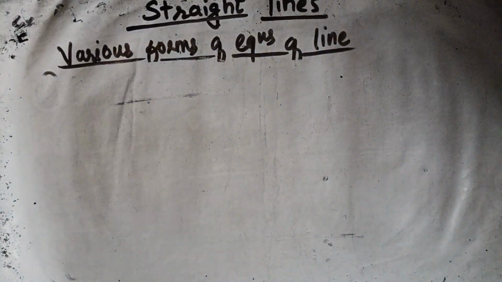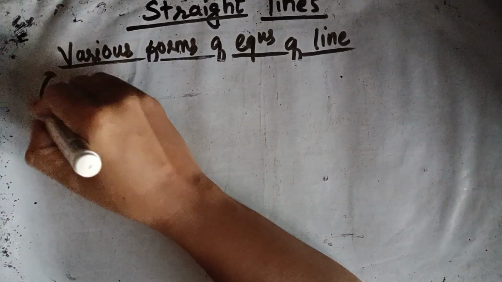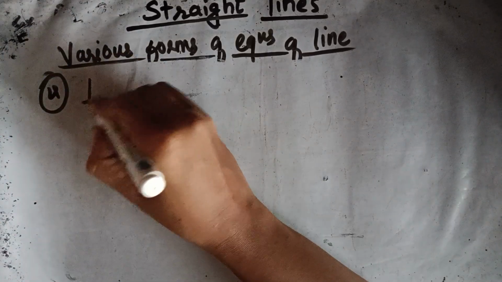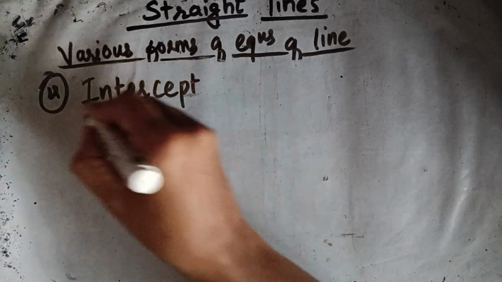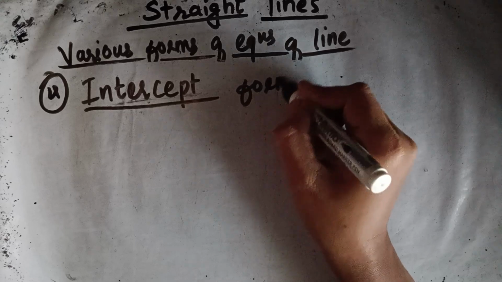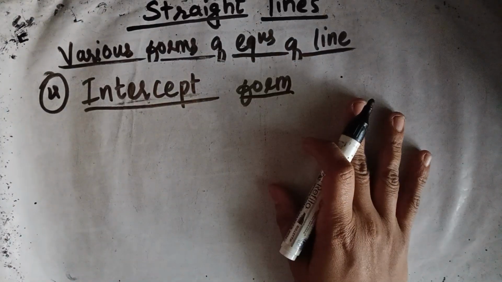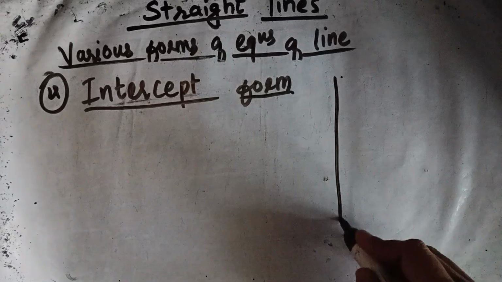Next is intercept form. Now, what do you mean by intercept? We have two intercepts, x-intercept and y-intercept.